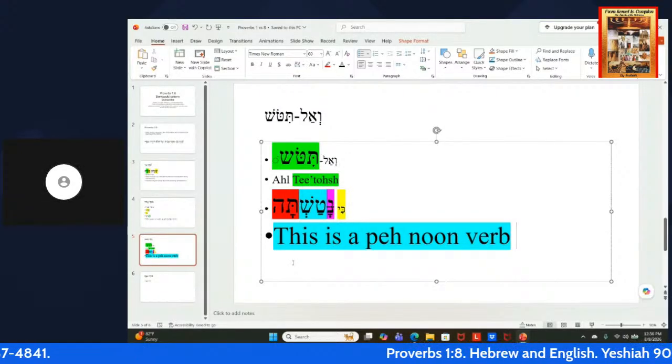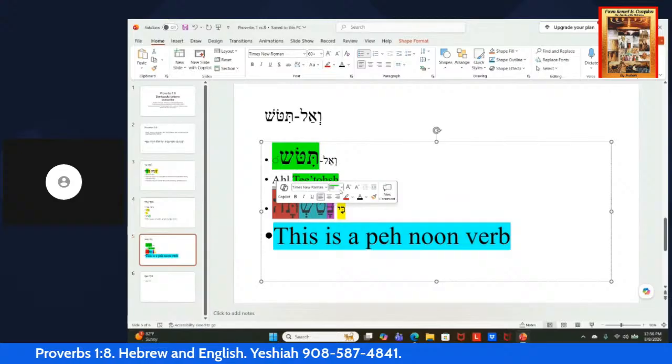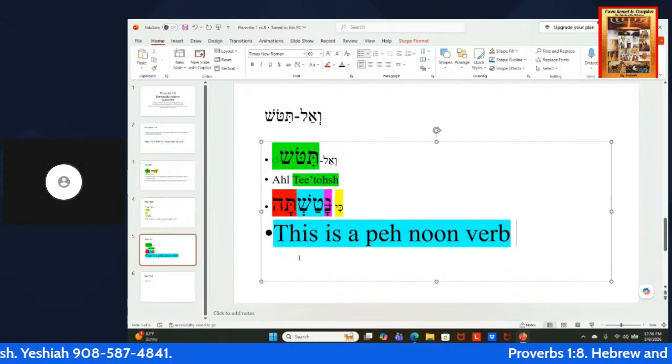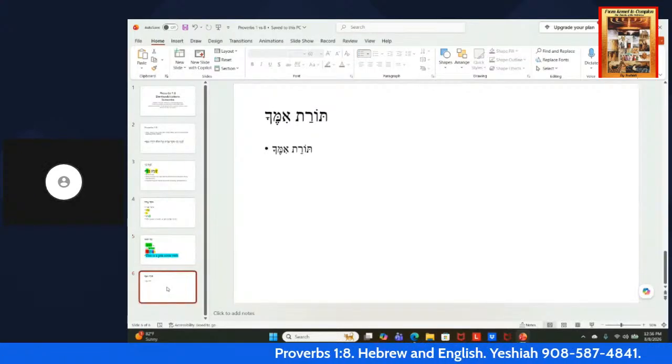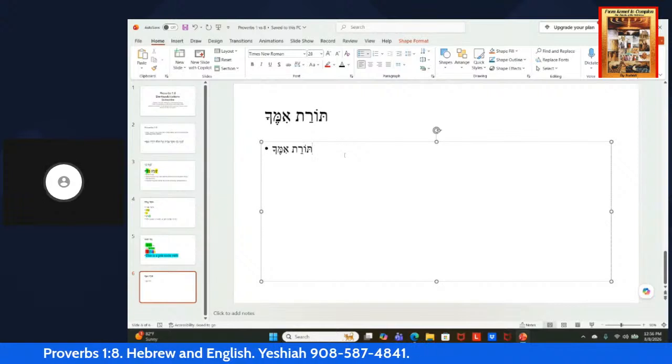So it still means the same thing. Let us, family, continue in this. This is a pey noon verb. Let's go on. Torat imeka. Let's look at this.